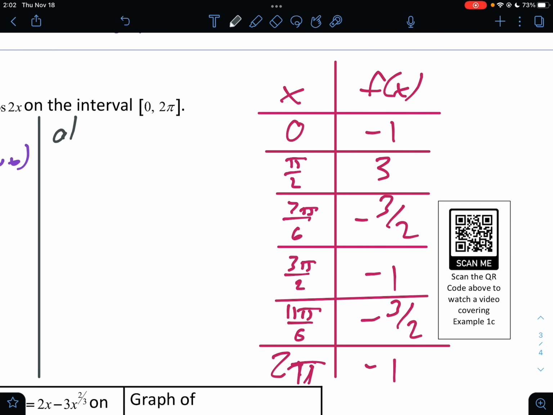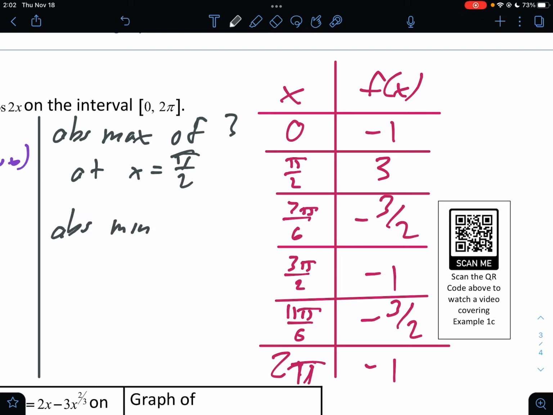We have an absolute maximum of 3, and that occurs at x equals pi over 2. And we have an absolute minimum of negative 3/2, and that occurs twice at x equals 7 pi over 6 and 11 pi over 6.